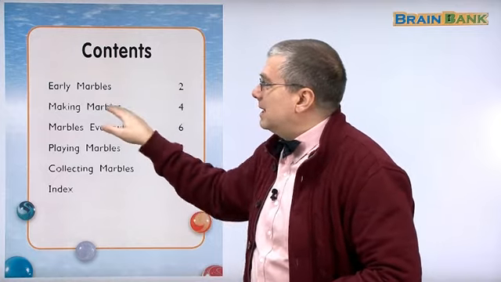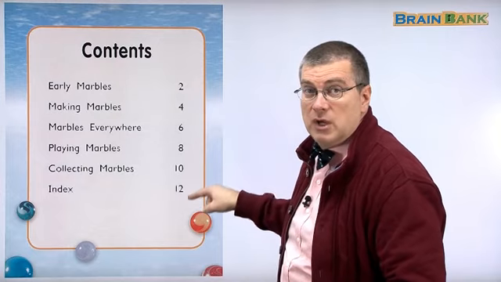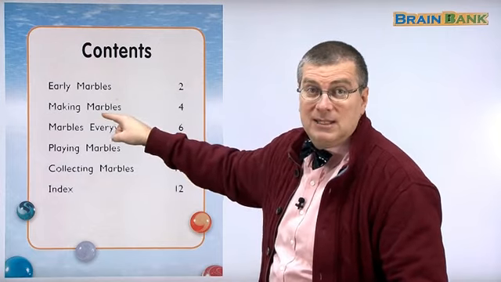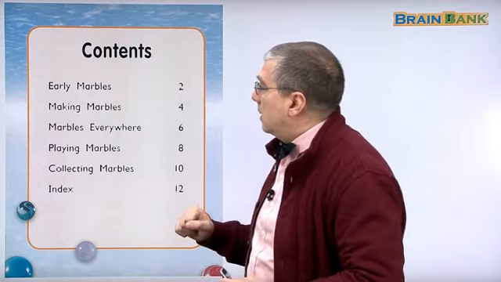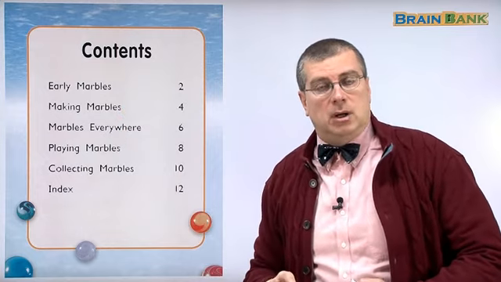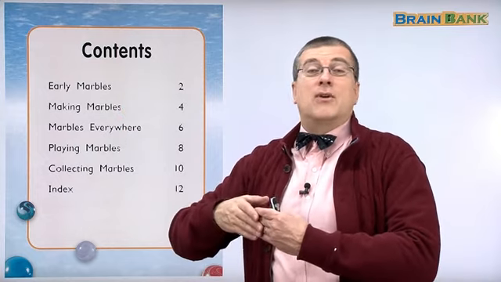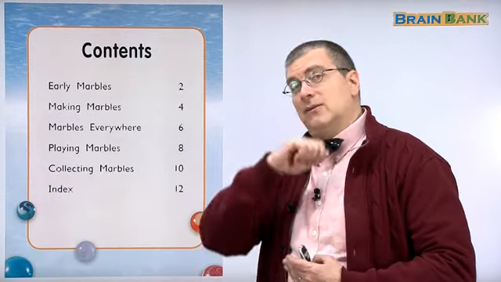So we will look at these different subjects, and these are the page numbers where we can find these subjects. So in this book, we are going to learn about early marbles. Early marbles, marbles from a long time ago. Okay, that's the first subject.